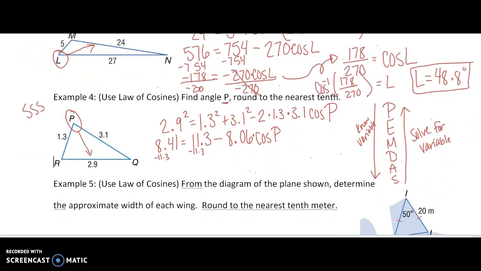I'm subtracting both sides by that 11.3, and I get negative 2.89 is equal to negative 8.06 times cosine of P. The reason why I'm subtracting 11.3 is that 11.3 is positive, so technically I'm adding that to the negative 8.06. So with that, now all that's left is this negative number times cosine of P, and to undo multiplication, I divide.